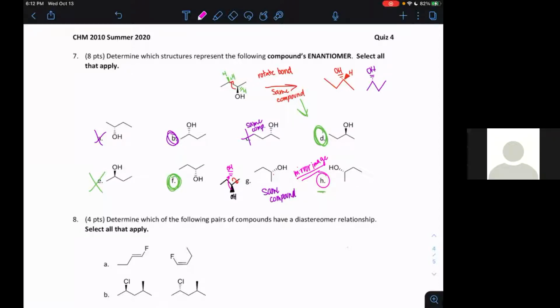I don't know if she would want us to, because that's what she did in the notes. She kept rotating them around and was like, these are enantiomers of this. So I don't know. I think there are just multiple ways to form them, but once you pick one, there's not another enantiomer of that one.